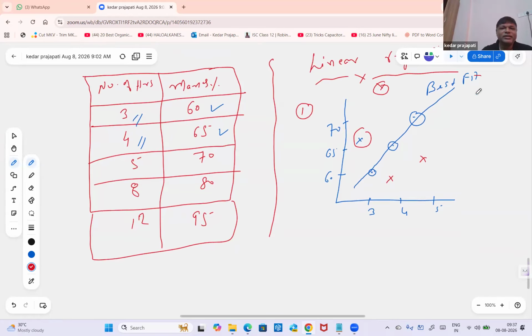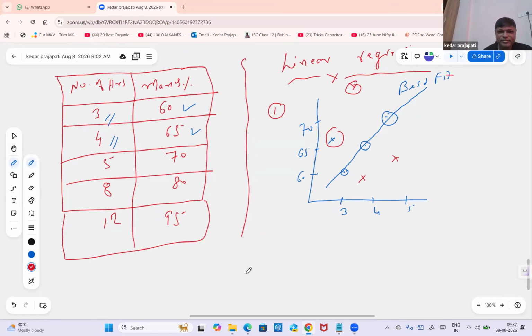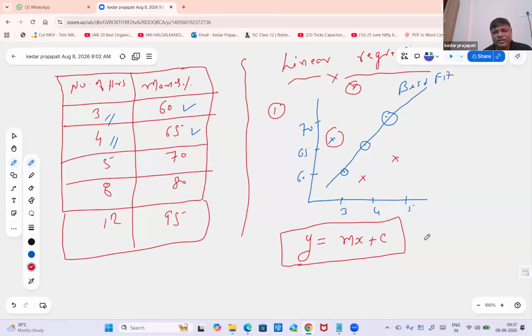I gave the machine only this. So in order to train the machine, what will you do? You will give a line like this: y is equal to mx plus c. This is the equation of a straight line. So we are only writing this and giving the data set.